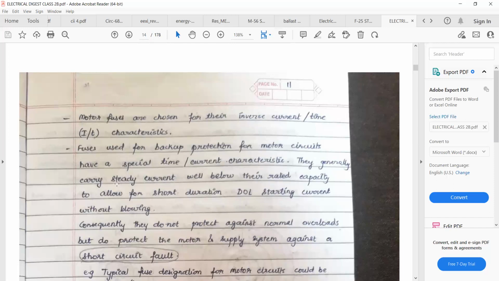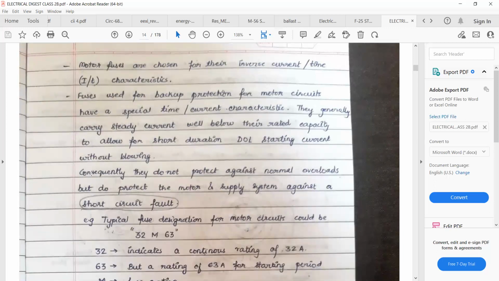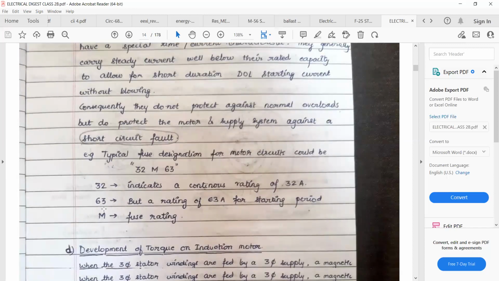They generally carry steady state current well below their rated capacity to allow for the short-duration starting current without blowing. Consequently, they do not protect against normal overload but do protect the motor and the supply system against short circuit faults.